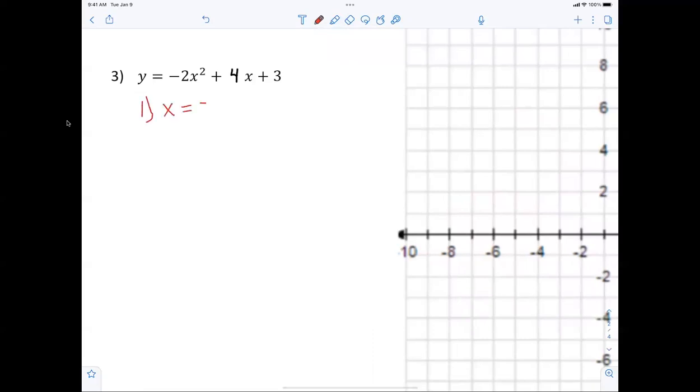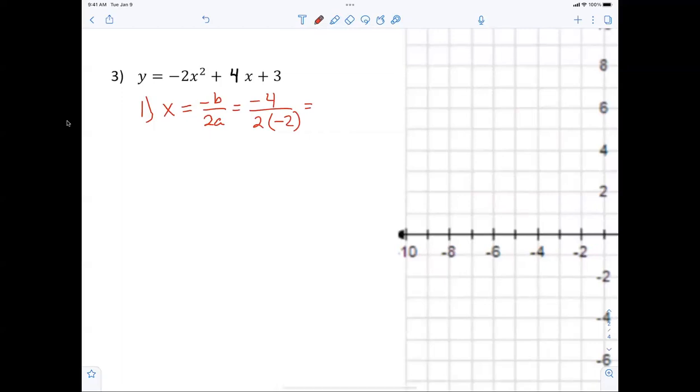x equals -b over 2a. What's b in this case? 4, right? b is 4. So if I plug it into the formula, it becomes -4 over 2 times a. What is the a value? -2. Thank you very much.